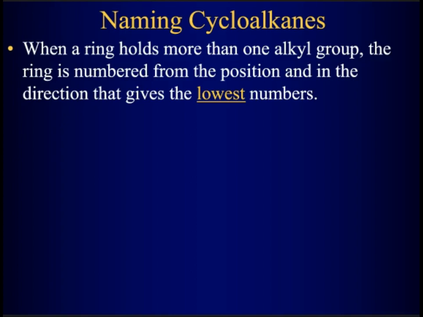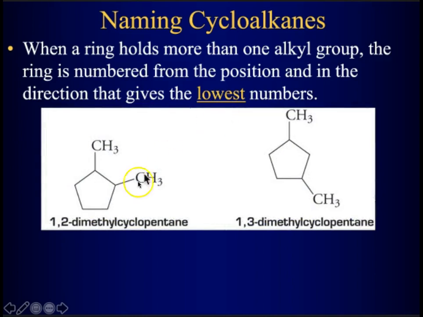Alright, so what about all of our substituents on the rings? So all of those alkyl groups. Well, the ring is numbered from the position and in the direction that gives the lowest numbers. So for example, our cyclopentane, well, I have 1, 2 carbons. It doesn't matter which one is 1 and which one is 2, it's going to be the exact same.